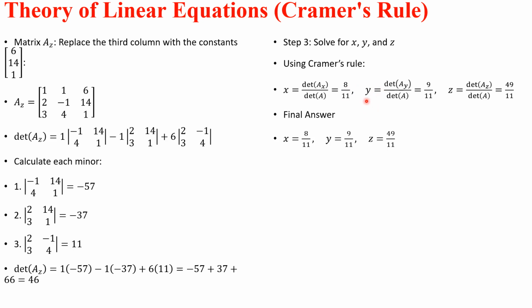We also use Cramer's rule to divide the determinant of AY by the determinant of A to get Y, and the determinant of AZ by the determinant of A to get Z. Doing that shows that variable X becomes 8 over 11, variable Y becomes 9 over 11, and variable Z gives us 46 over 11.